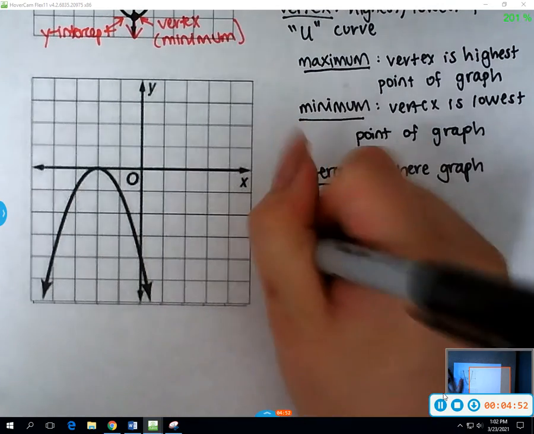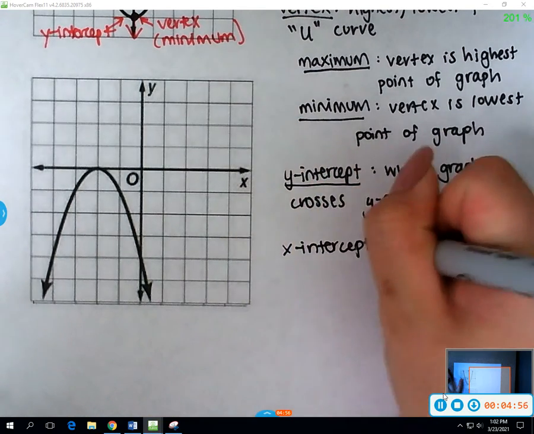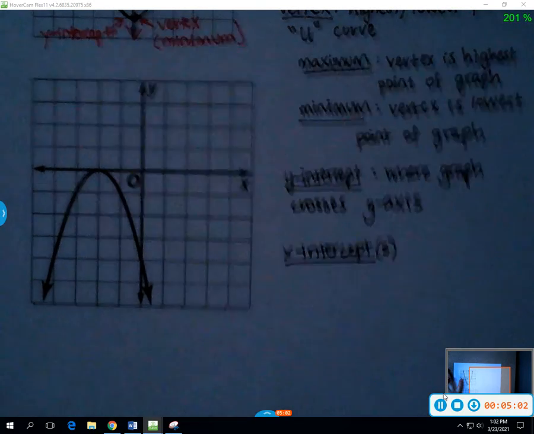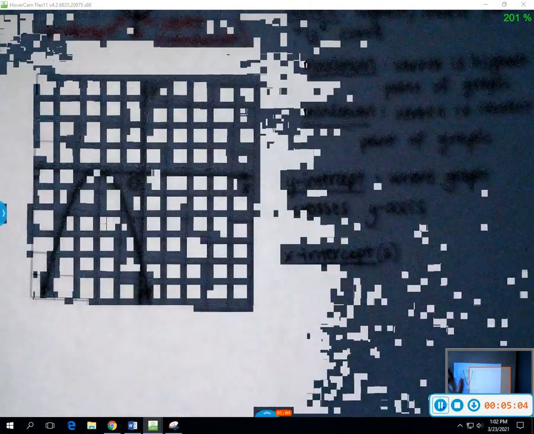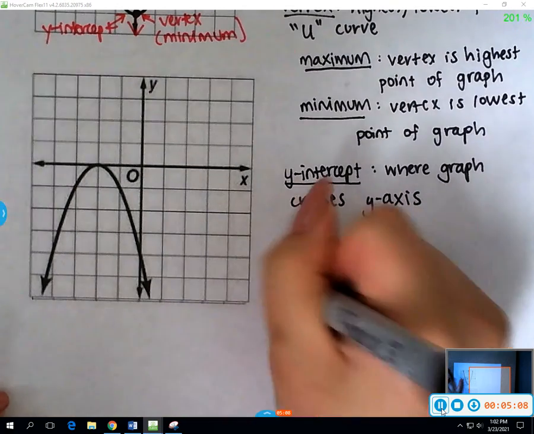The other intercepts that we need to include are the x-intercepts. Sometimes there may be more than one x-intercept, sometimes there might be no x-intercepts. So an x-intercept is where the graph crosses the x-axis.